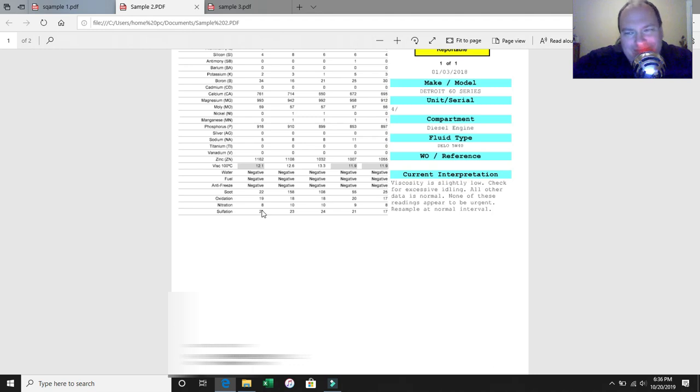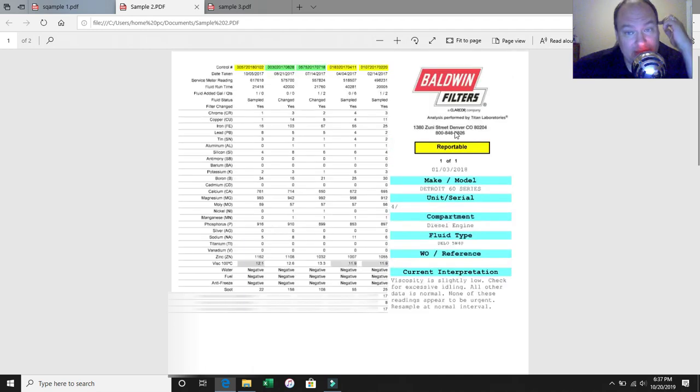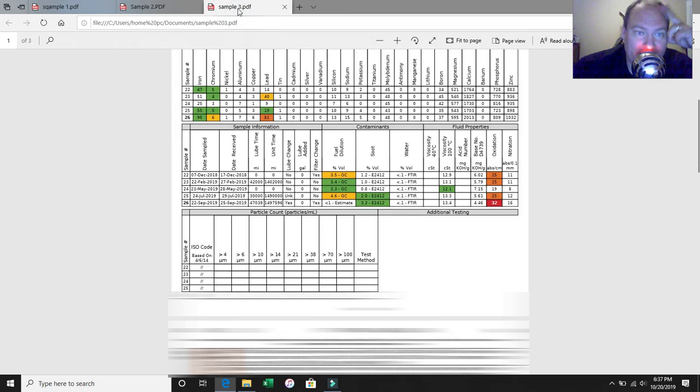Not really sure why that happens, but it does. And sulfation will make a varnish on your parts and cause sludge to form. So just something to keep an eye on. This is from Baldwin Filters. Let's get down to this third oil sample here so we can see what a problem looks like.